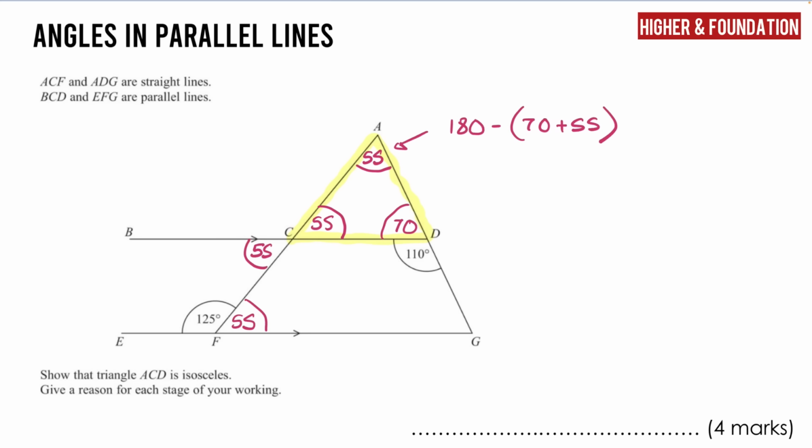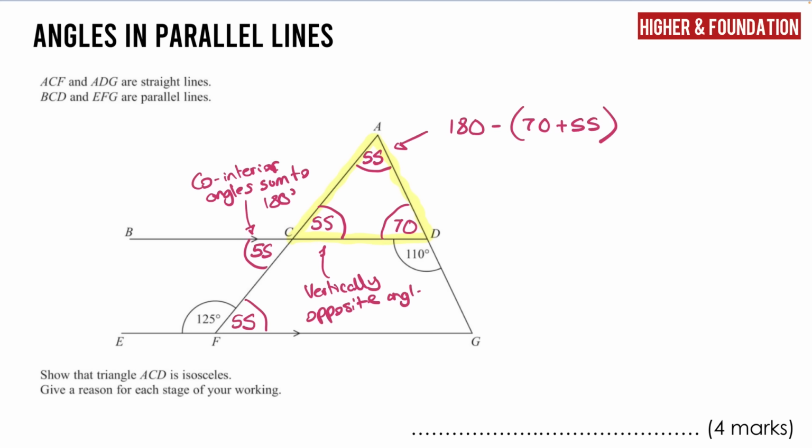Again, it did say show reasons for each stage of your working. So this one here, we had co-interior angles sum or add to 180 degrees. We had vertically opposite angles are equal. We had actually quite a lot of rules here.